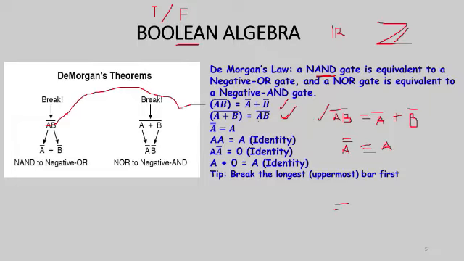For example, two negatives on A gives you A. So that's just an illustration of some of DeMorgan's.